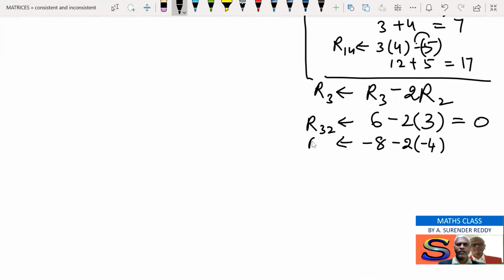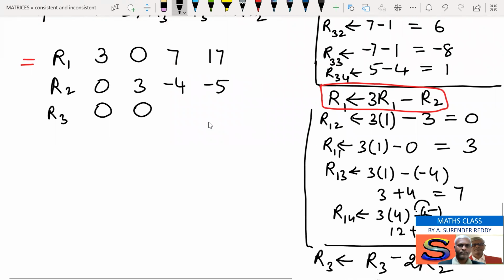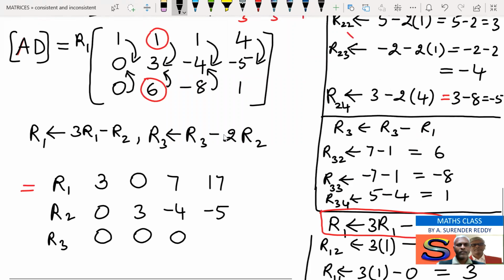So this is the R3 third element. Minus plus 4 to the 8, so this is also becoming 0. And apply the same formula to 1 and minus 5 also.